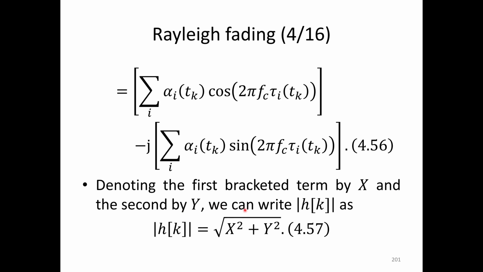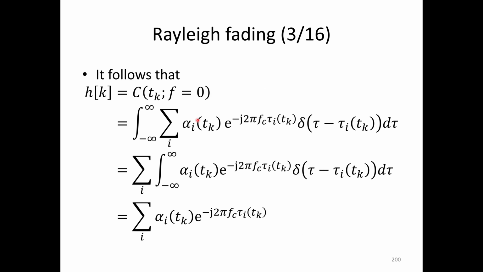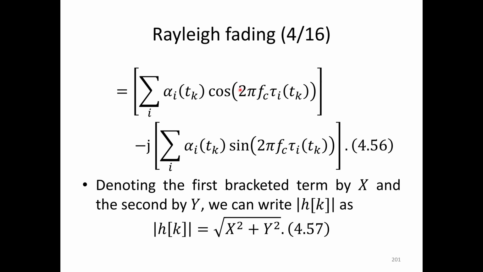We can write the absolute value of h of k as, because now h of k is equal to x minus jy, the square root of the square of the real part of h of k plus the square of the imaginary part of h of k.